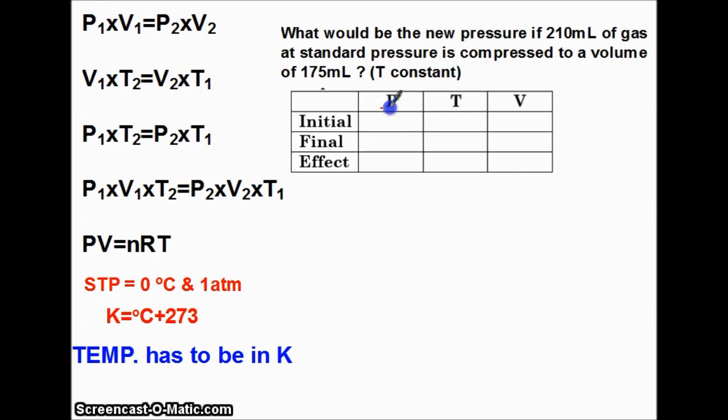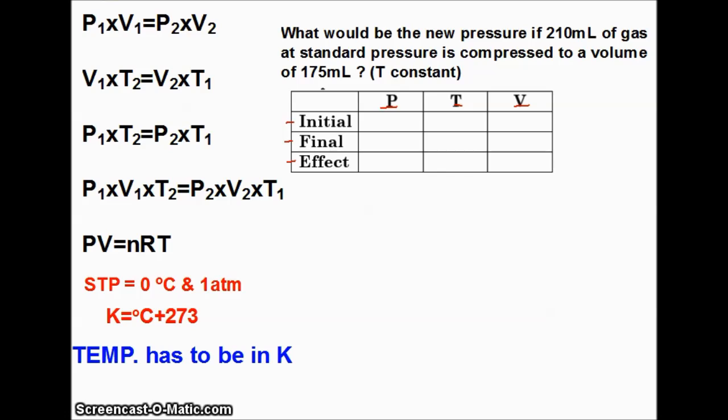The P represents pressure, T temperature, and V the volume, which you all should know. The initial is the before, final is the after, and then the effect is what's happening to the pressure, the temperature, and the volume. Are they increasing or decreasing? And we'll just put an arrow to indicate this.